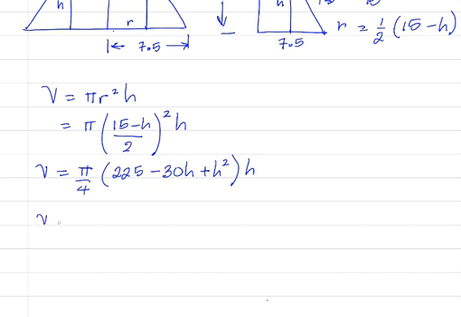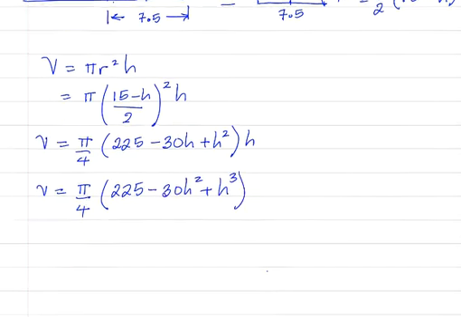So V is equal to pi over 4 times 225h minus 30h squared plus h cubed, as I multiply everything inside the bracket by h.